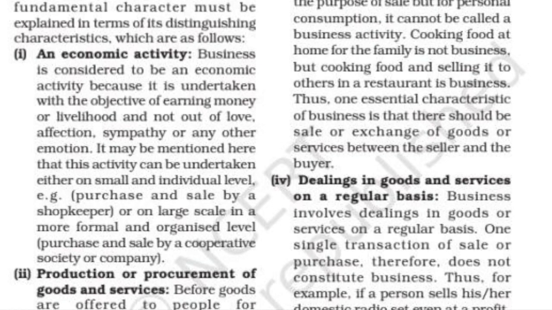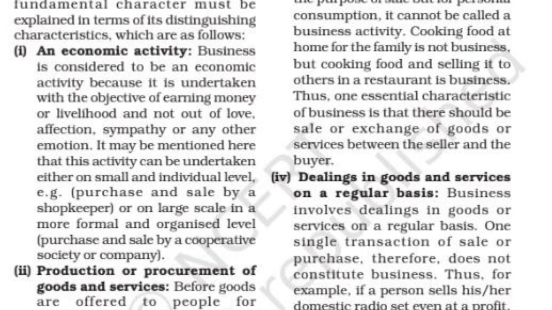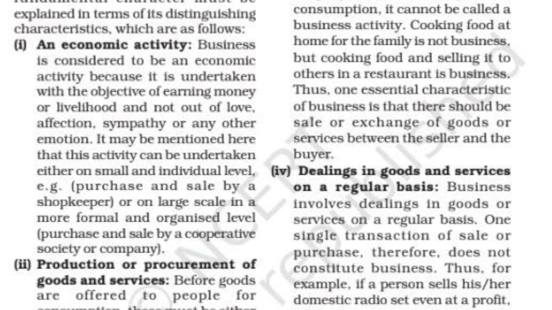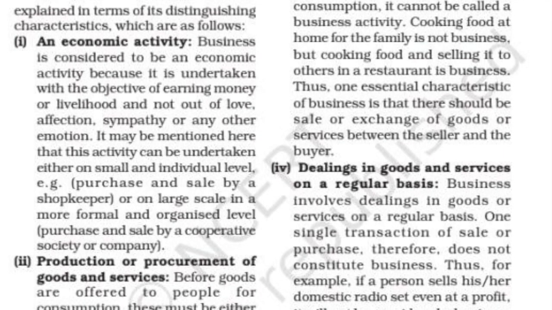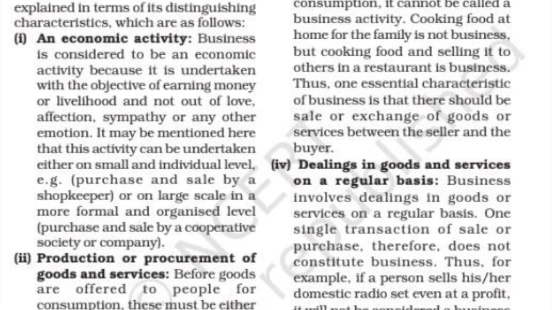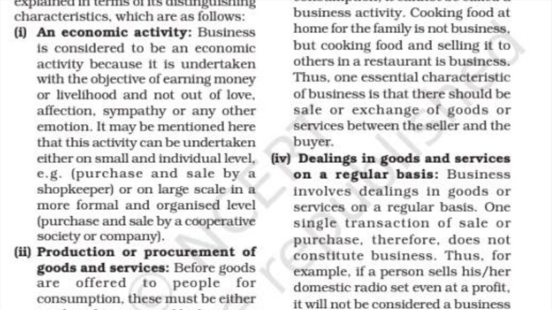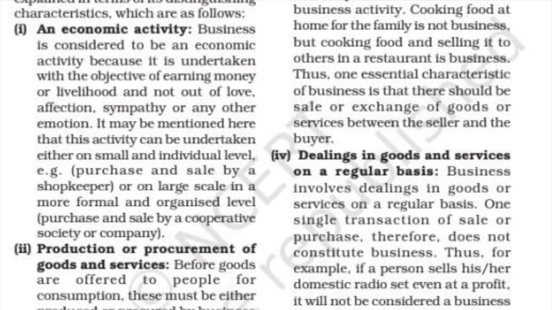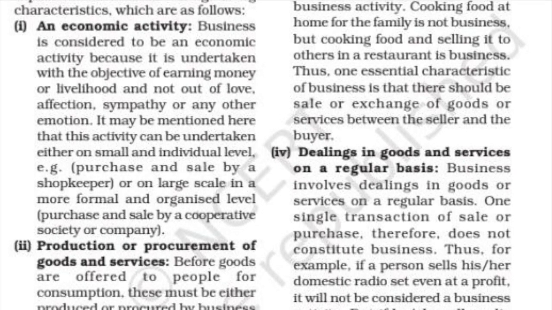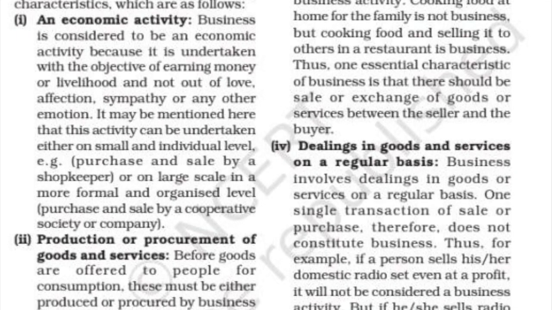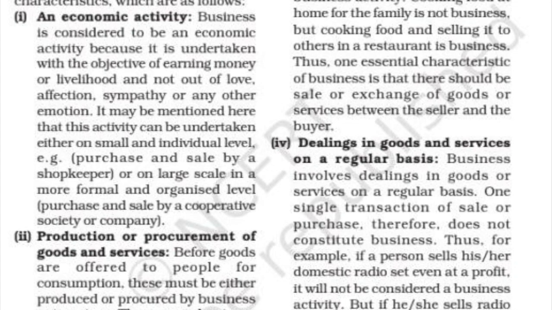Moving on to the next point, it is production or procurement of goods and services. So there are 2 points, production and procurement. Production, as we know, is basically the manufacturing done by the manufacturer, right? Procurement is basically buying from the manufacturers and then selling those goods to the consumers.